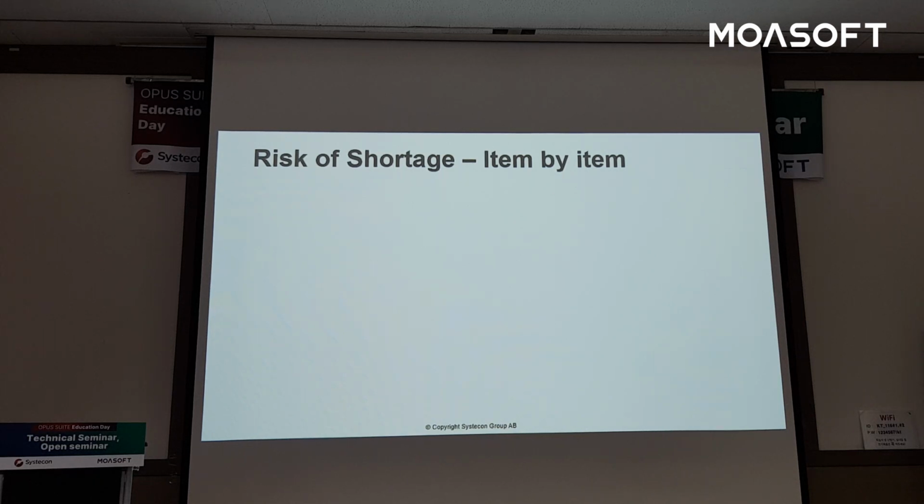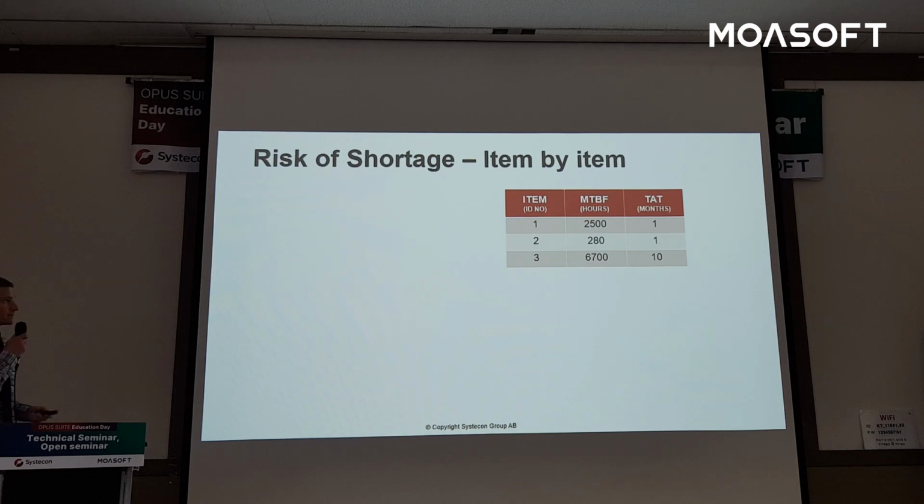So what is the risk that we don't have a spare part when we need it, right? Something fails, we need a spare part. So if we take a very simple example here, we have 3 items, 1, 2, and 3. We assume that there is a mean time between failure here, and there is a turnaround time on the repair of those spare parts.